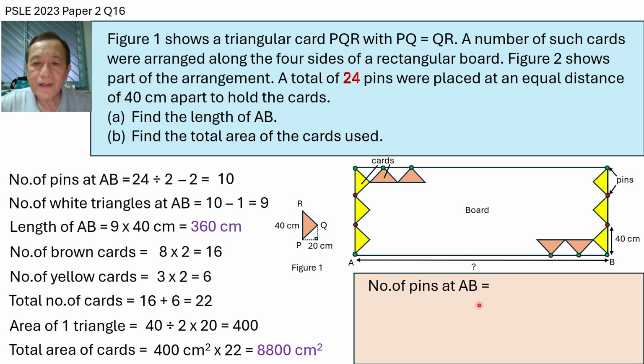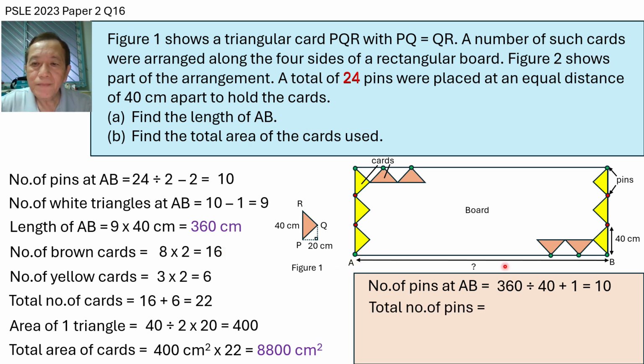Number of pins at AB is 360 divided by 40 plus 1, and we get 10. Total number of pins.